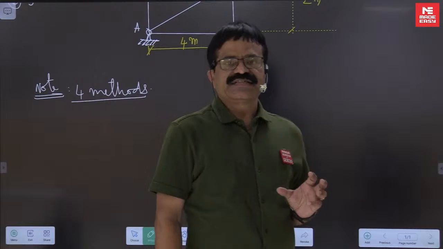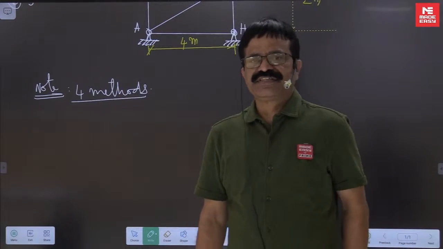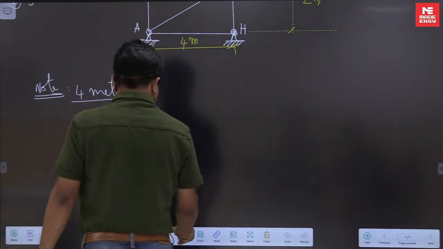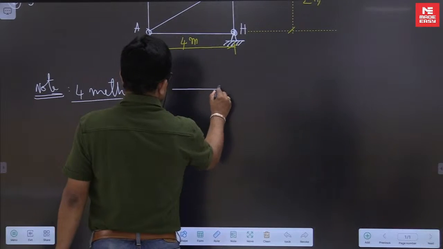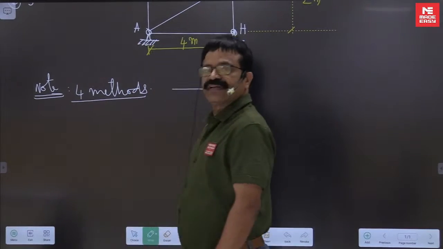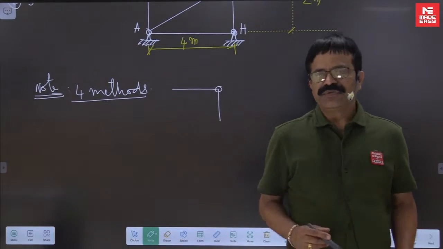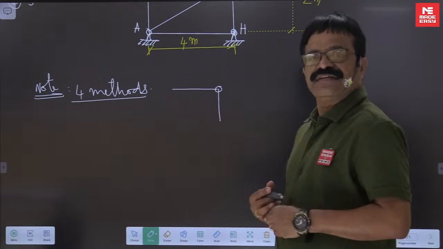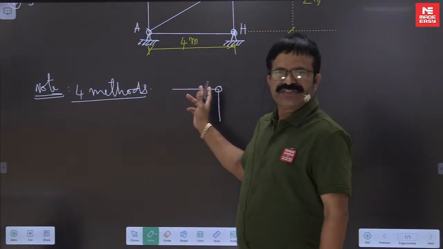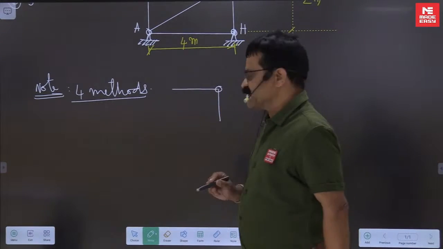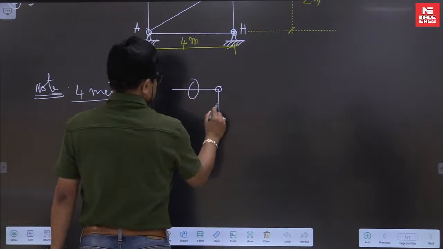First method is at a joint: if two non-collinear members are meeting with no external load at that joint, then force in both members are zero.